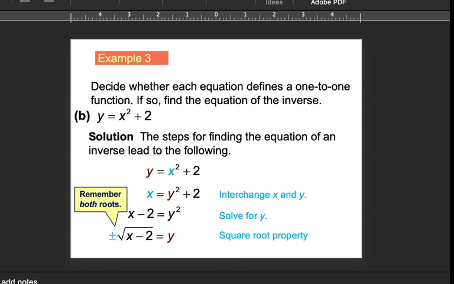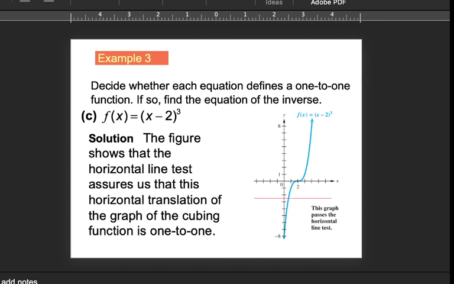If you graph this, and I'm going to move on to the next slide, and we look at the graph, you'll see that it's going to pass the horizontal line test. That's number one. So it's going to have this one-to-one relationship. So if we have it, then we're able to write the inverse, or at least state the inverse for that function.